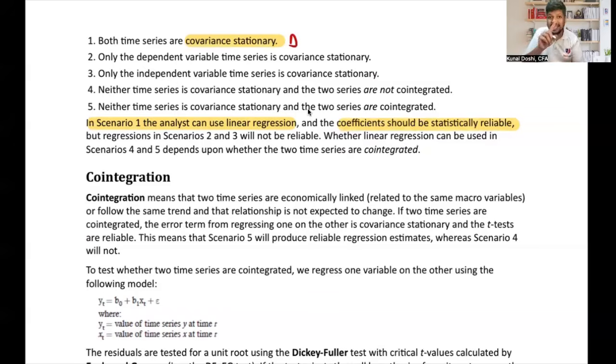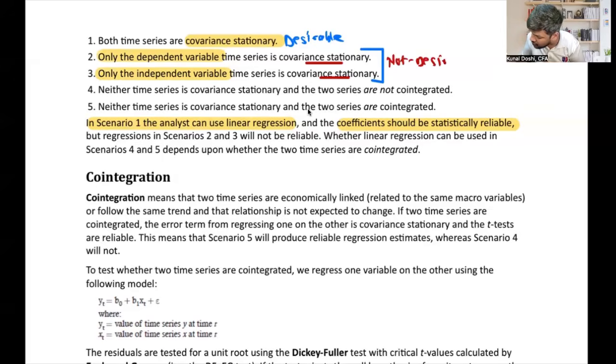Yes. But if one of the variables, whether dependent or independent, is not covariance stationary, in this case, we will conclude that we cannot use the model. So even though the first one is desirable, the second, when either of the variables, whether X or Y, is non-stationary, then we say this condition is not desirable.